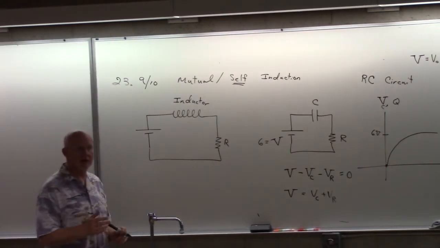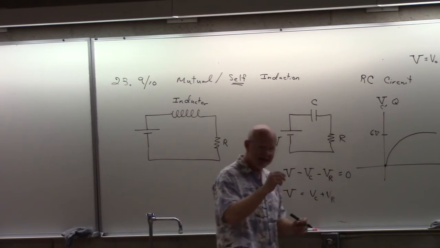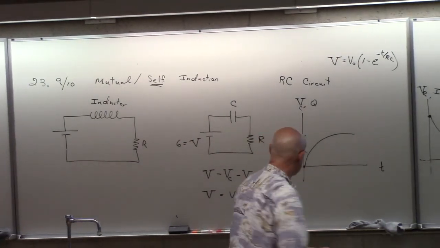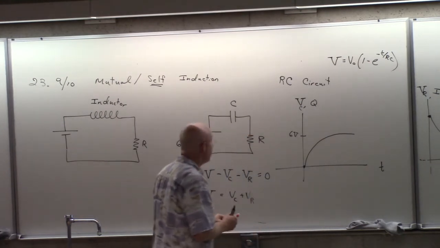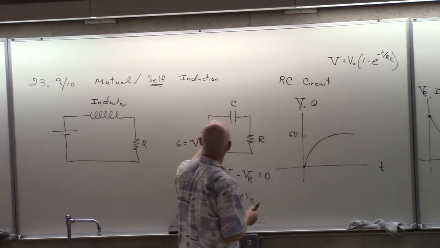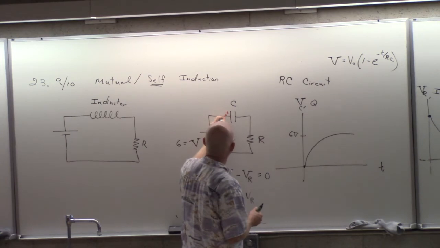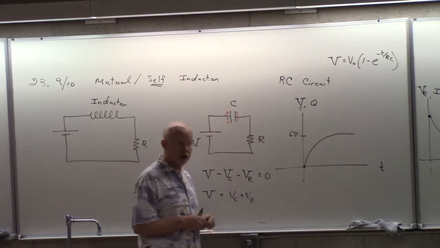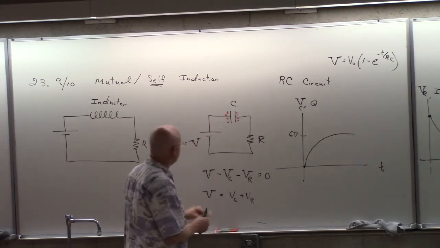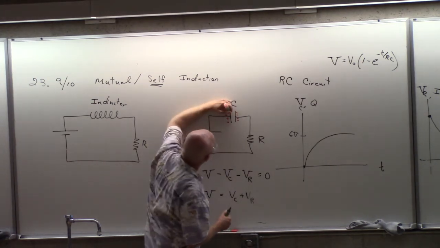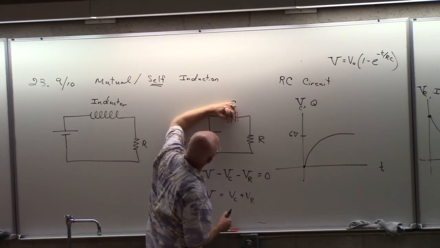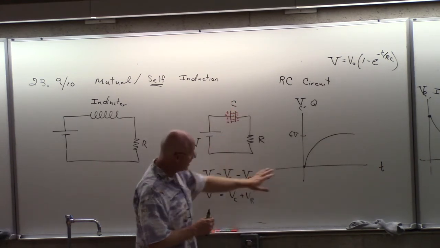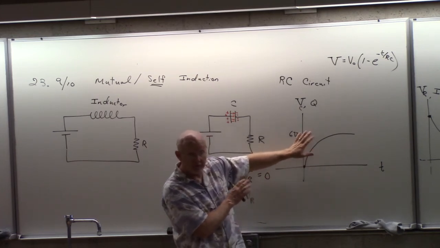Remember I said at the beginning of this chapter, there are 2 ways to make an electric field. One of them is with charges. And so I would say that in the capacitor, you're building up positive charges here, and the other side is having negative charges. And you would then say, inside here, there is an electric field. And this electric field is the whole reason it starts opposing more current from charging.